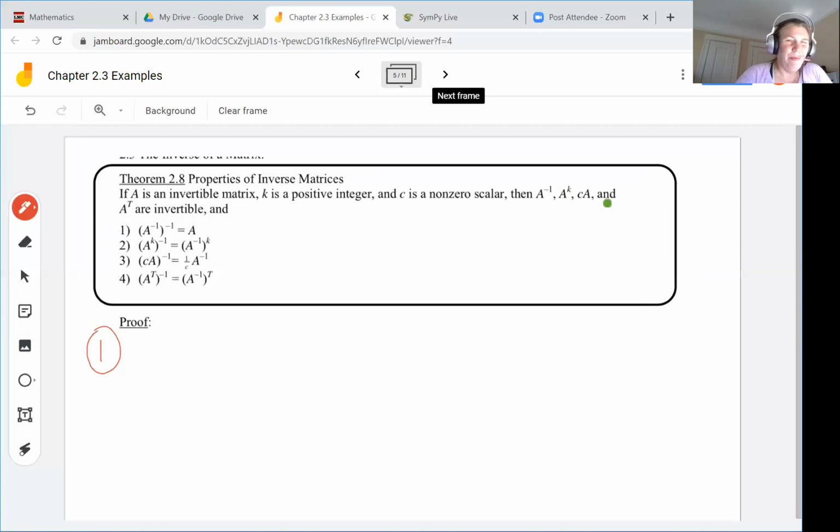All right, so property 1 is saying that the inverse of A inverse is just A itself.